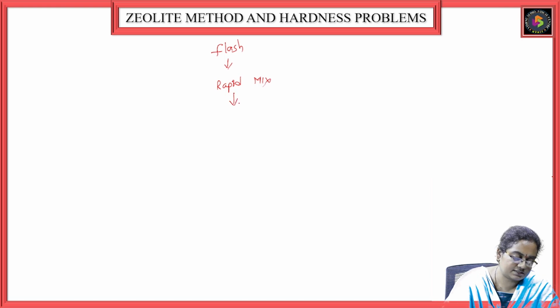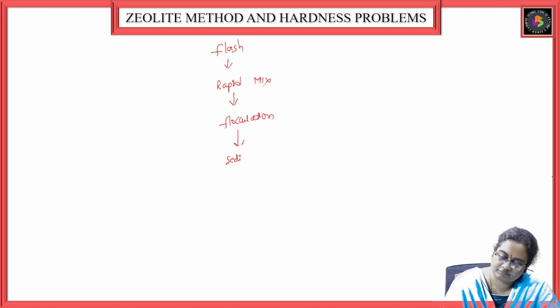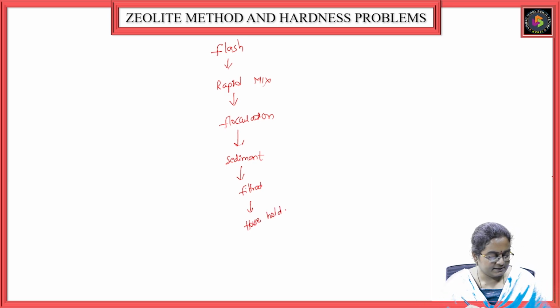The next one is flocculation. Next one, sedimentation. Next one, filtration. Next one, distribution to households. So it is very simple here.